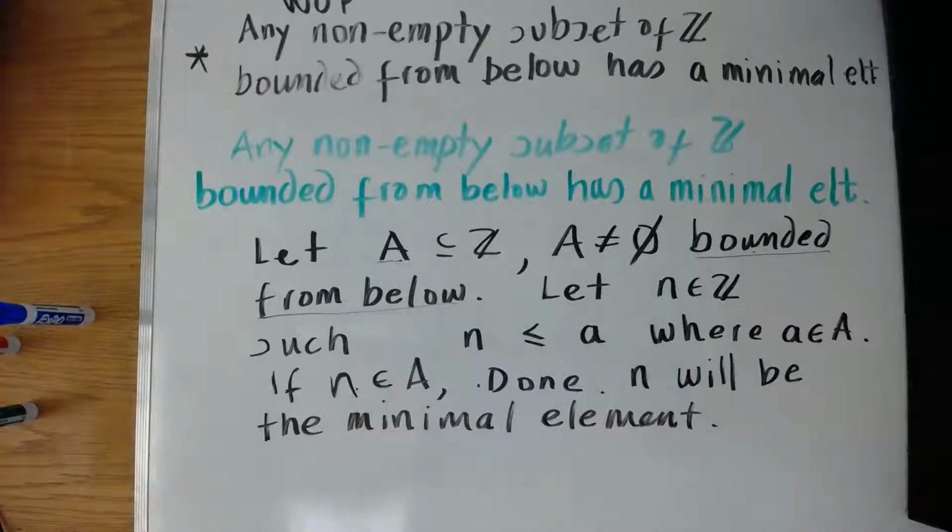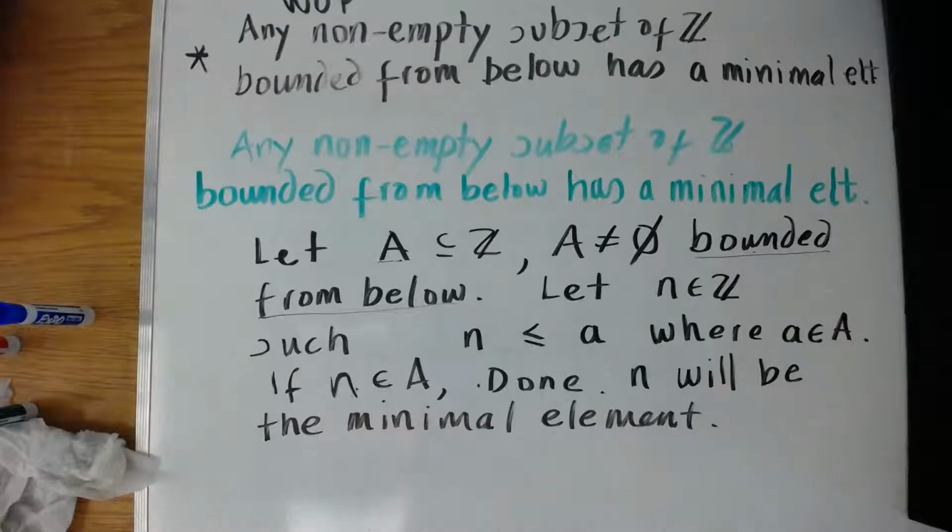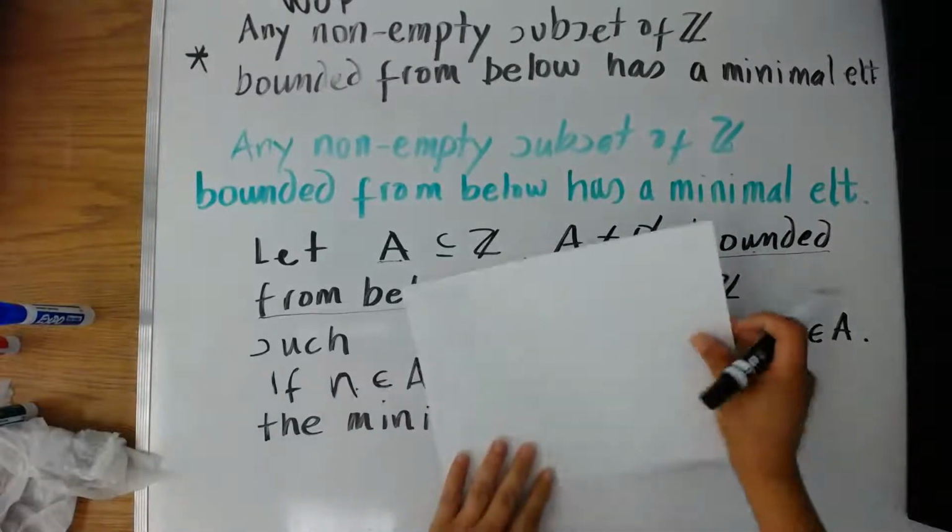Now, the difficult case is, what if n, the n I picked, is actually not contained in A? Then what happens? So I have to ask that question.